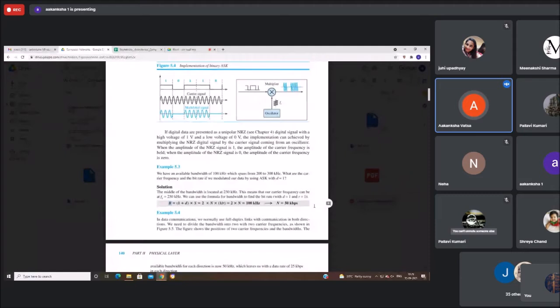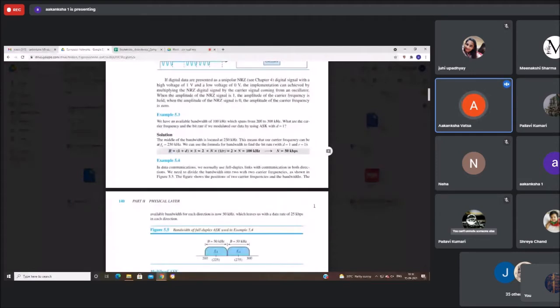Or I am just sending a text message from my phone, and I have to receive a text message, or maybe through messengers we are exchanging messages. So while doing full duplex communication, I'll be needing two different frequency channels, so that one channel can be used from sender to the receiver and one in the reverse direction.